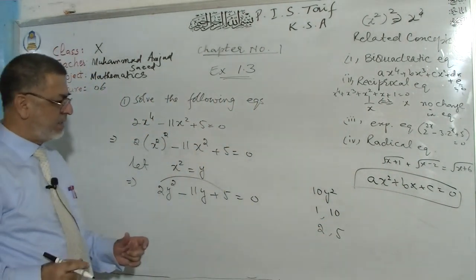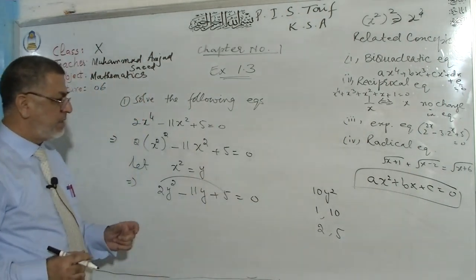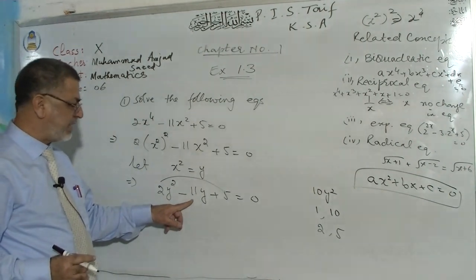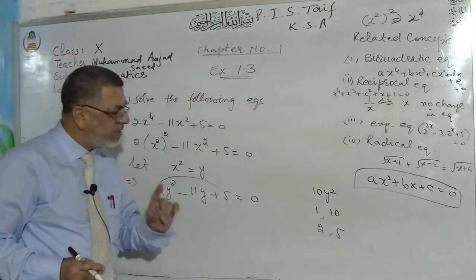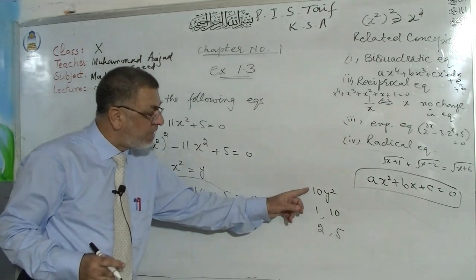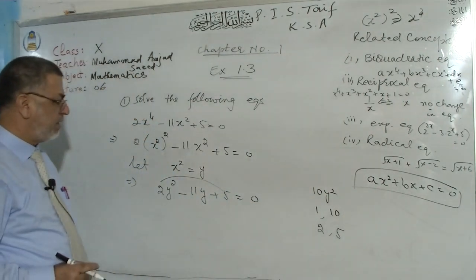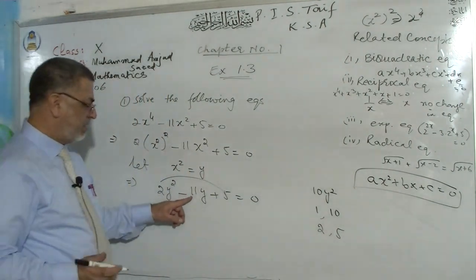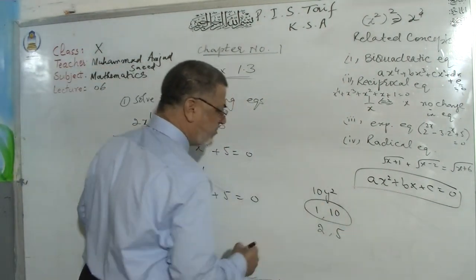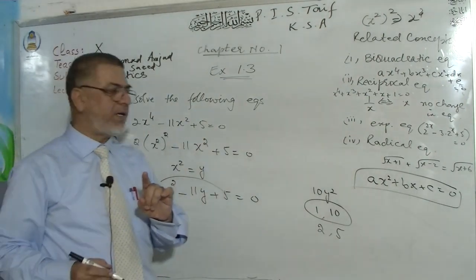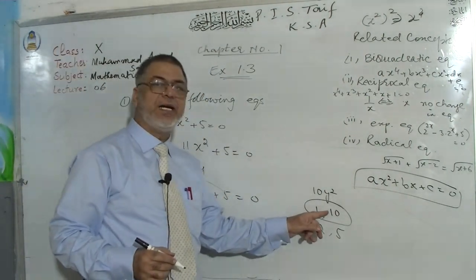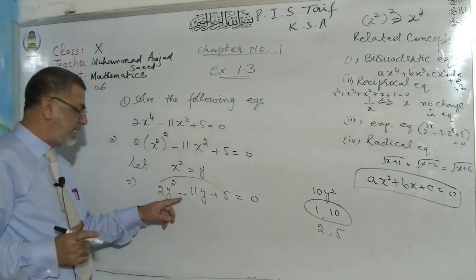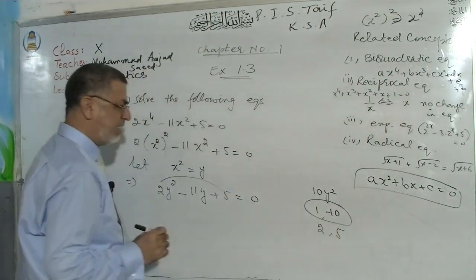You can check which pair makes 11 by adding or subtracting, and by multiplying you must get plus 10. Definitely 10 and 1 can make 11. So this is your required pair. But always remember the bigger component will have the sign from the center. Always. Minus, and the bigger component will have minus sign here.